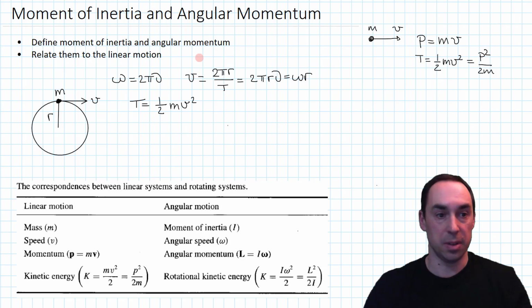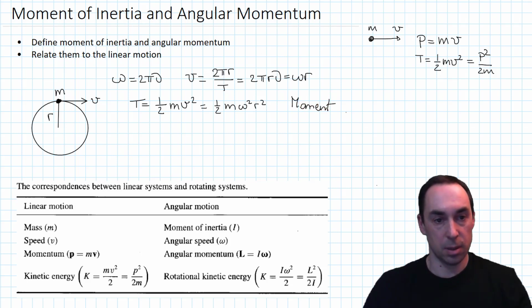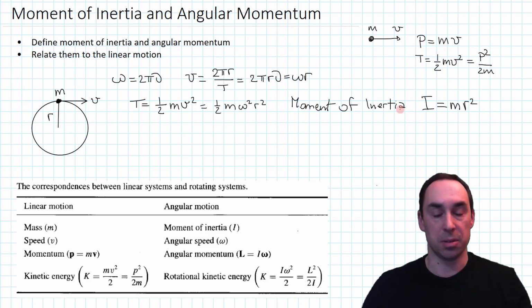But now we know what the velocity is, so it's going to be just 1/2 mass, and the velocity is omega r squared, so it's going to be omega squared r squared. Now we introduce the concept of moment of inertia. The letter is capital I, and the definition is just the mass times the square of the radius.